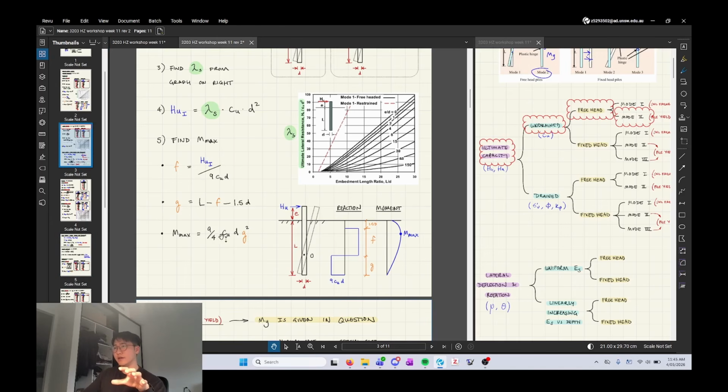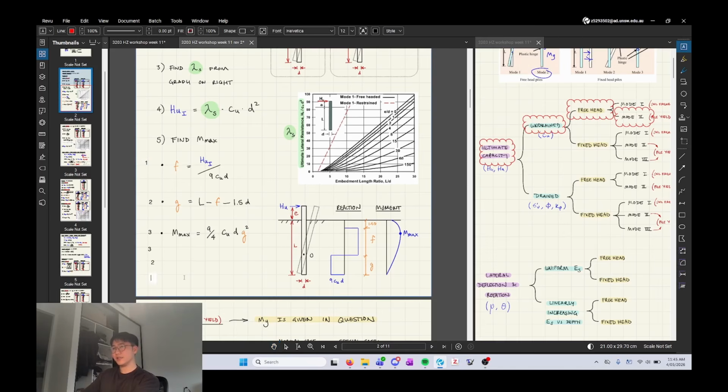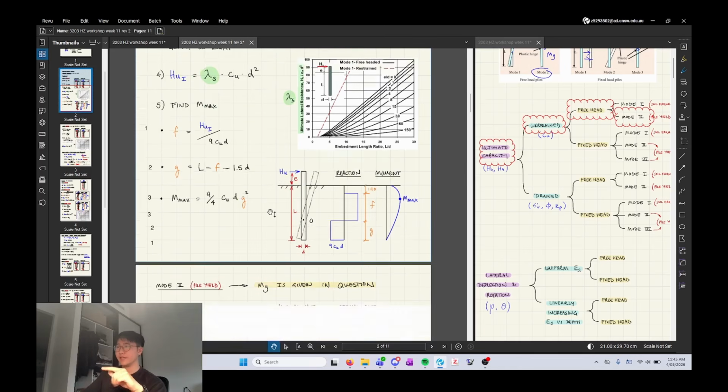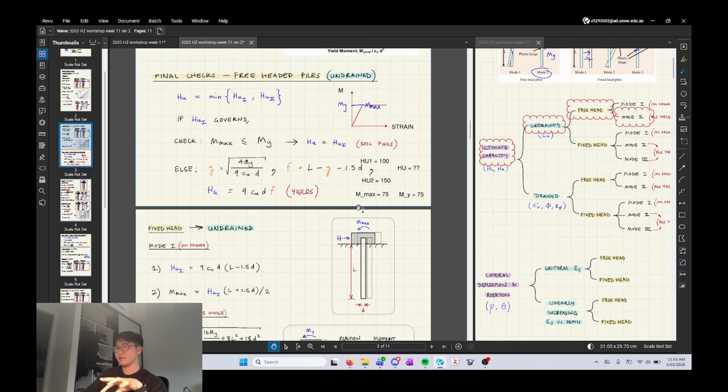So I basically got equation 3 and turned it into another version of equation 3, rearranged for G. Then I got equation 2 and turned it into another version rearranged for F. And then I got equation 1 and turned it into another version rearranged for HU. Anyway, that's where this comes from.